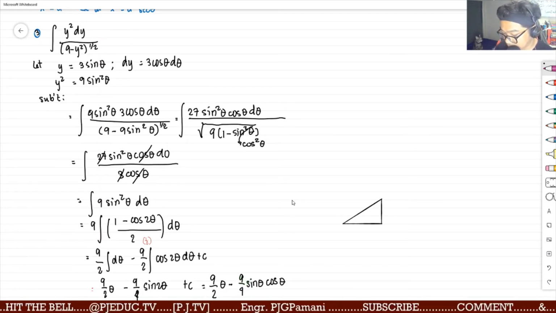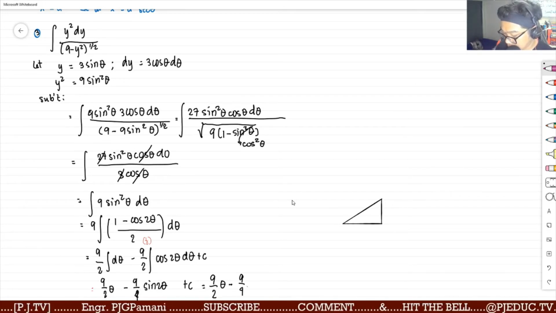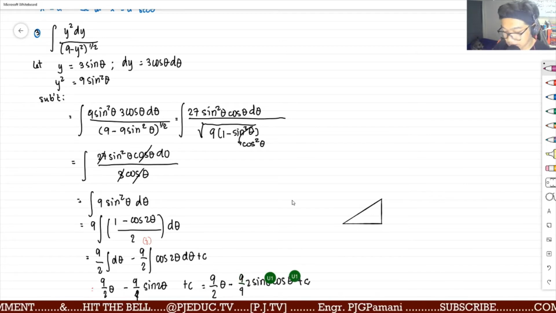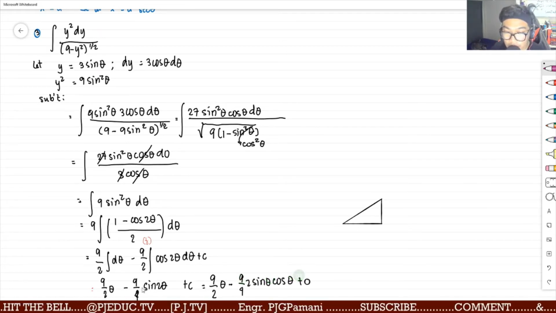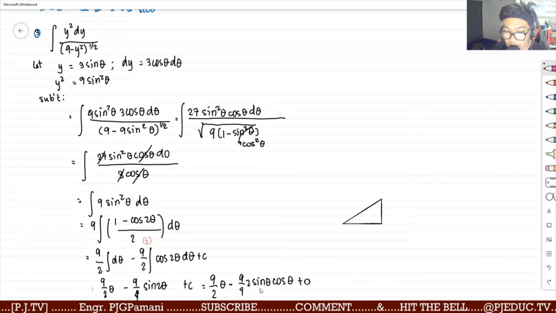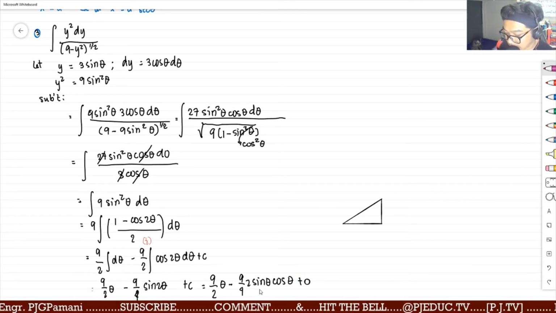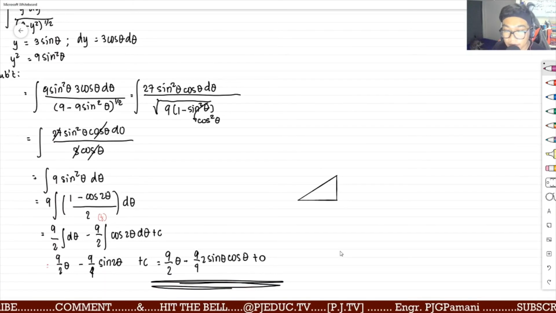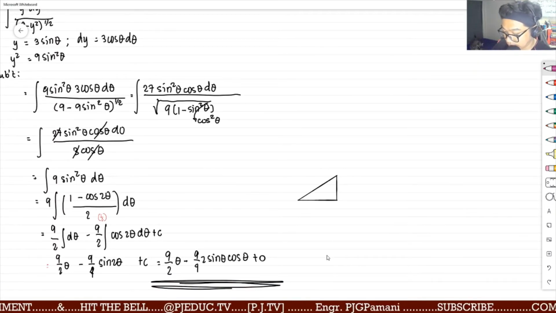Okay, that is 2 sine theta and cosine theta plus c. Identities po. Sine 2 theta is also the same as 2 sine theta and cosine theta. From that, pwede na nating gawin yung ating last part for this substitution.